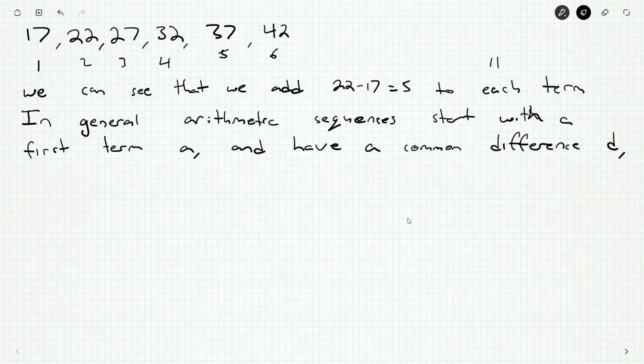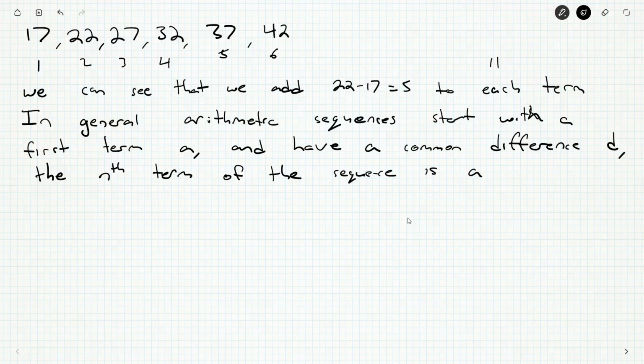The nice thing about this is that the nth term of the sequence is a plus (n minus 1) times d. You do the n minus 1 because the first term should have no extra d's added onto it. It should just be the a.